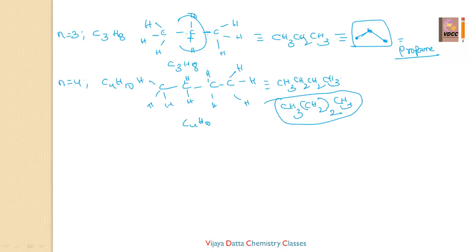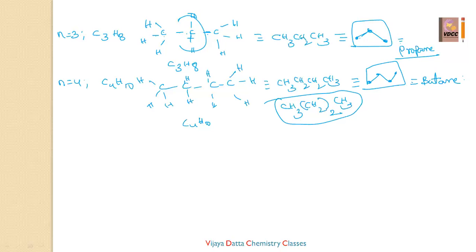And if you want to write the bond line structure, four carbons: first carbon, second carbon, third carbon, fourth carbon. It is the bond line structure for C4H10. With four carbons the root word is but. All are single bonds, butane. This is the nomenclature of the alkanes.